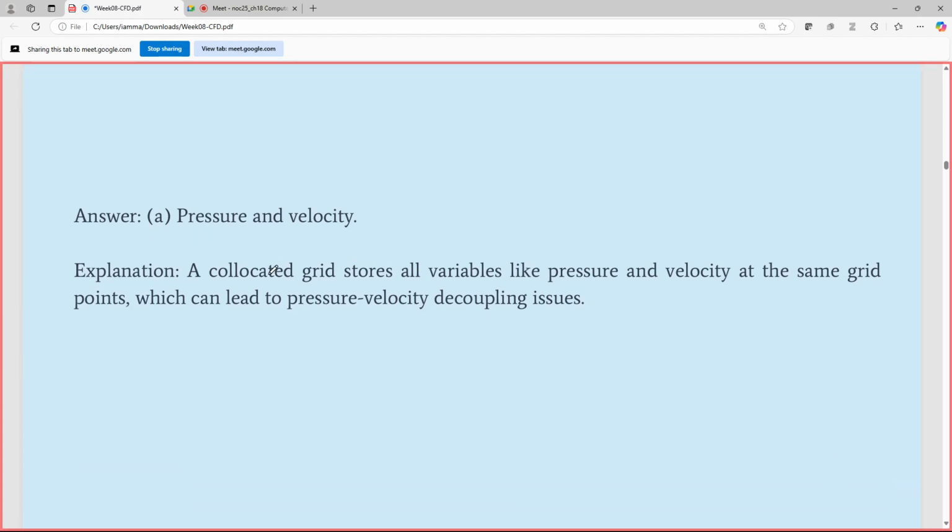But the collocated grid method of storing velocity and pressure at the same grid points can lead to decoupling issues, and it is a less efficient method of velocity pressure coupling.